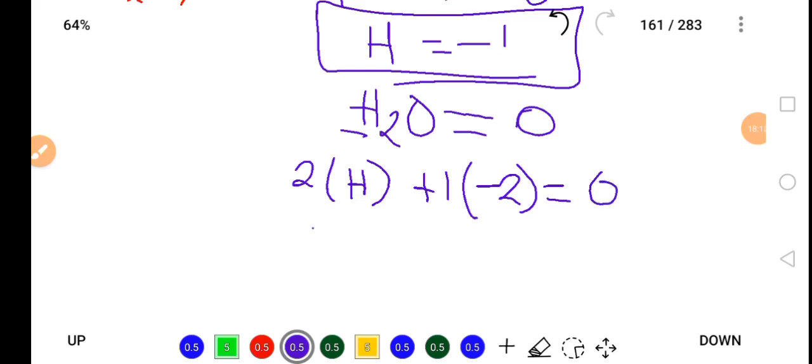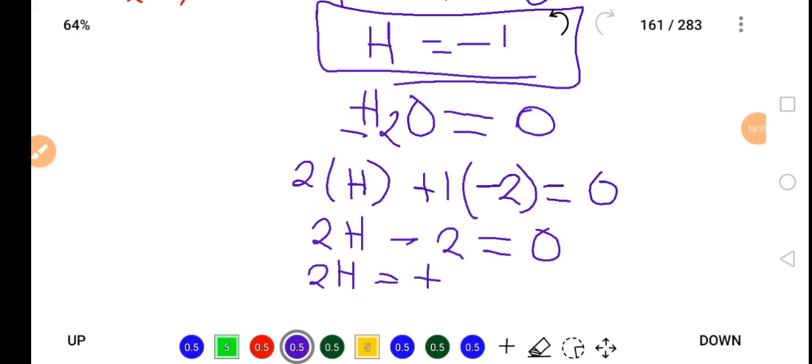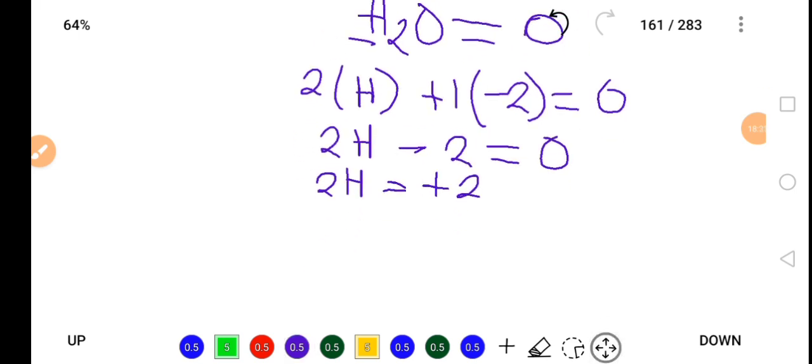So it will be 2H minus 2 equals 0. So 2H equals positive 2. Over 2, over 2.